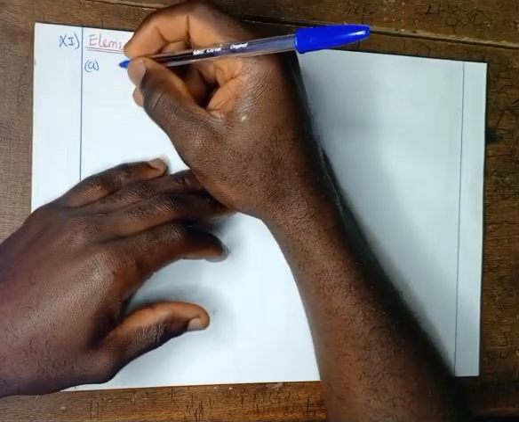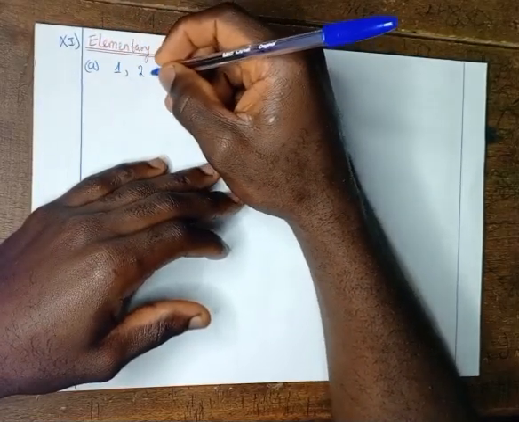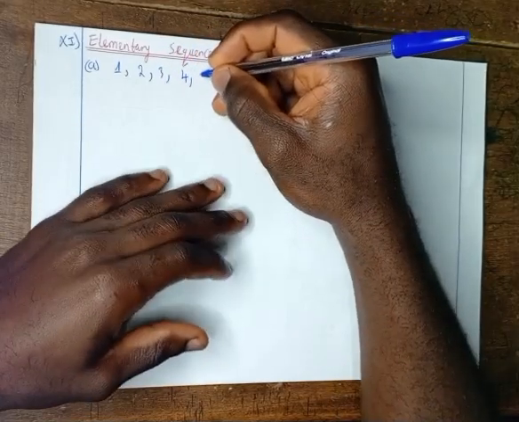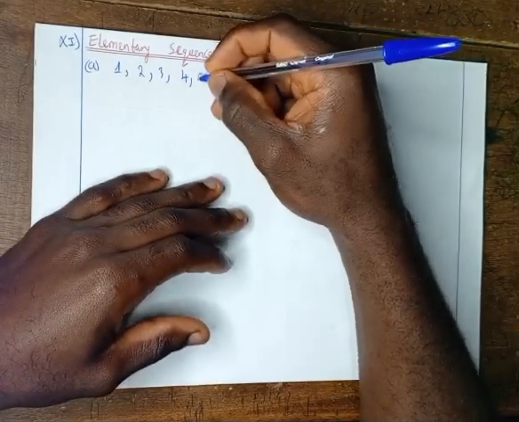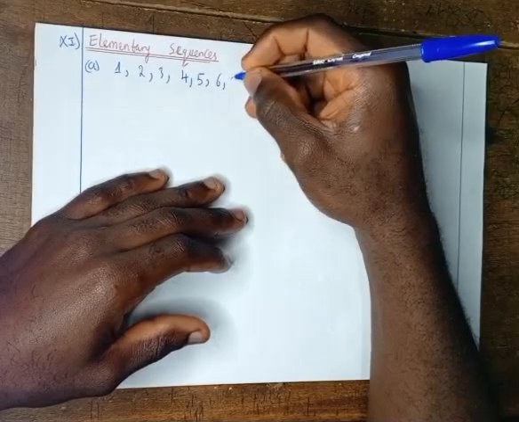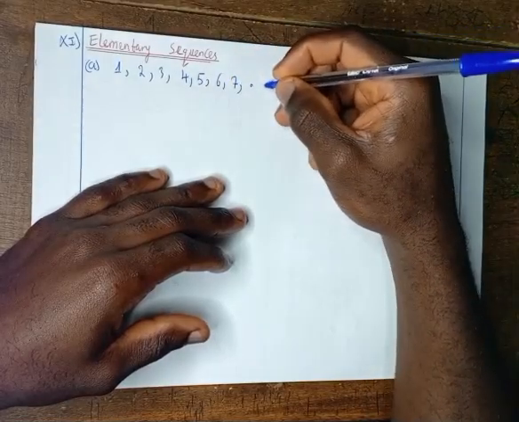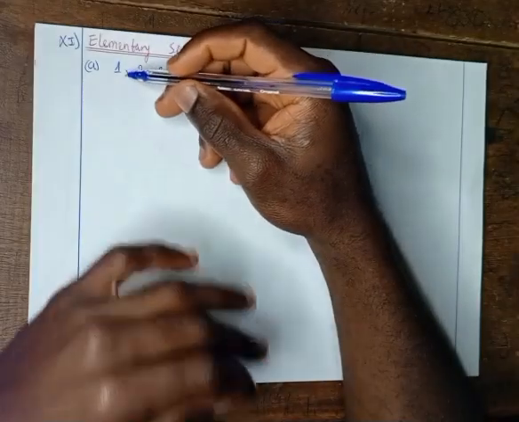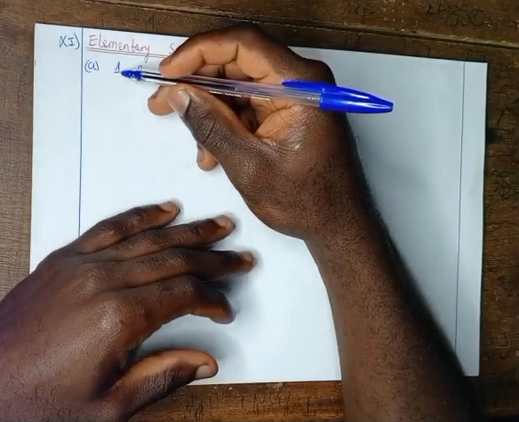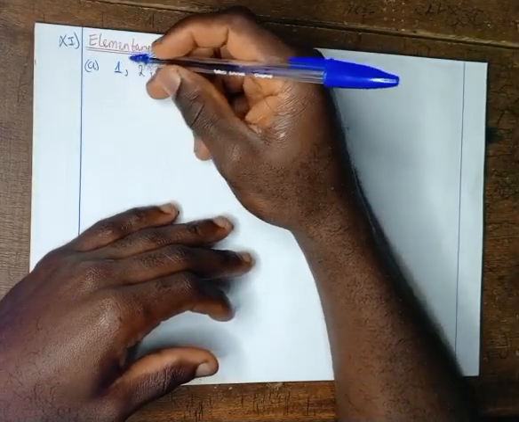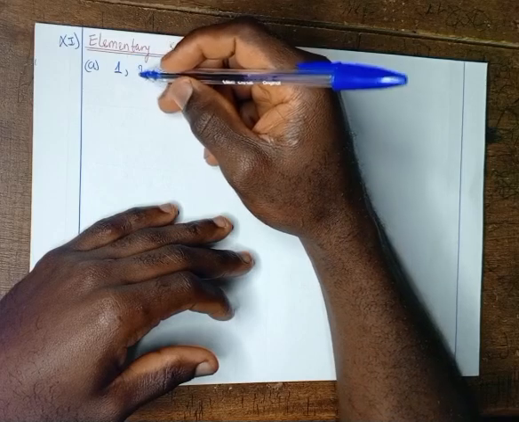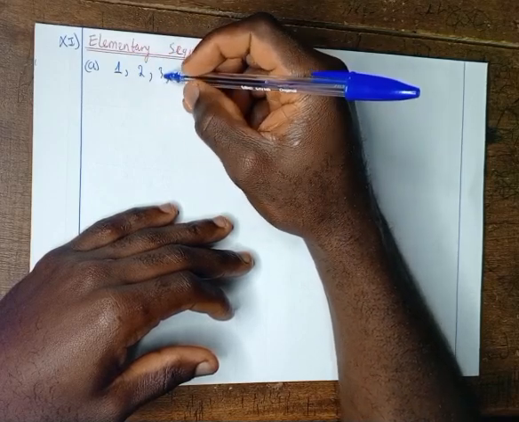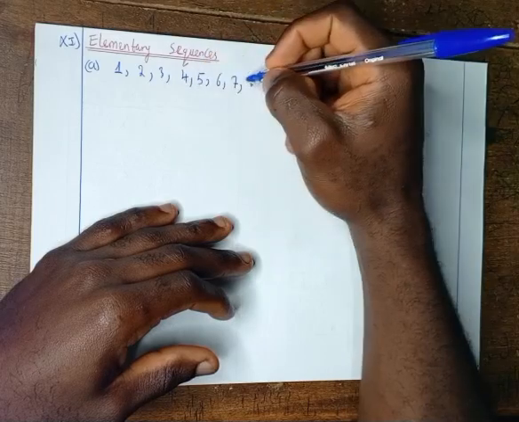For A, we have 1, 2, 3, 4, 5, 6, 7, 3 dots. You see that in this case, for us to get the next element, we simply add 1. 1 plus 1 gives us 2. 2 plus 1 gives us 3. 3 plus 1 gives us 4, and so on.